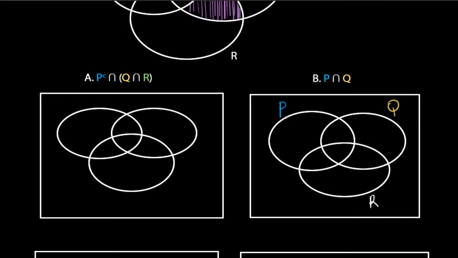Now, the oval circle you have here represents P, while the oval circle you have here represents the set Q. So the intersection of P and Q is going to be the one that contains the two colors. Let me explain this. The oval circle that represents P is this, the whole oval circle.